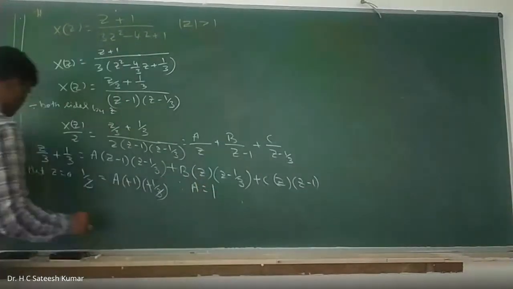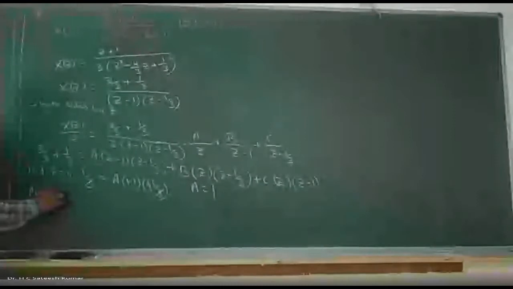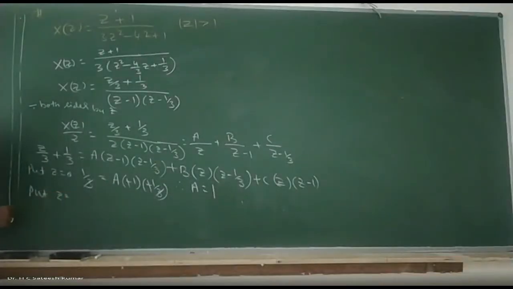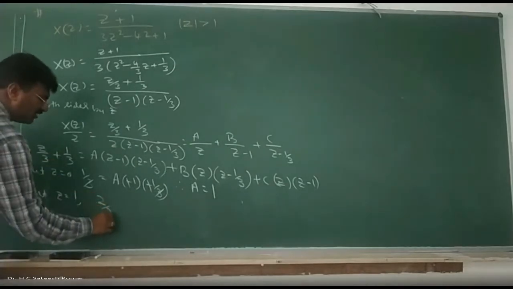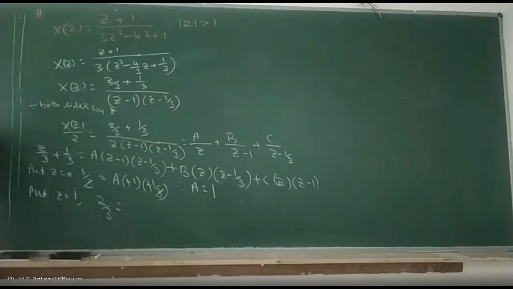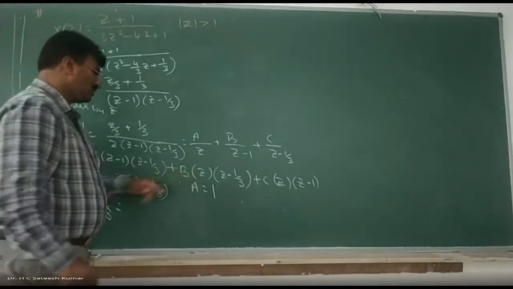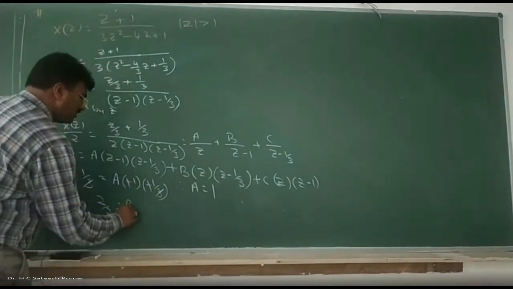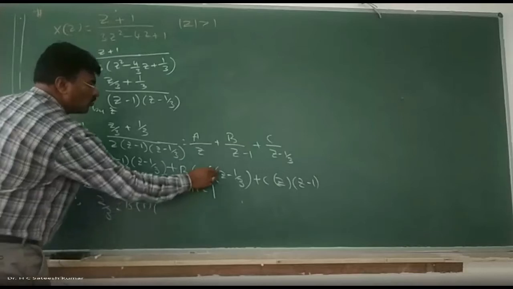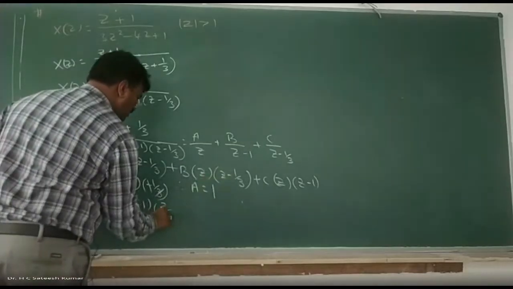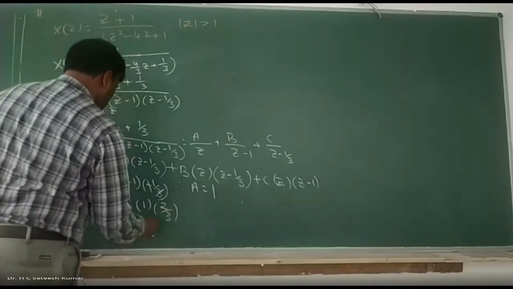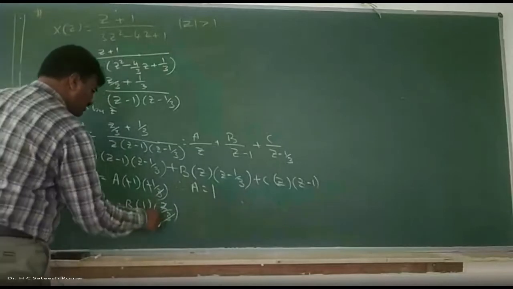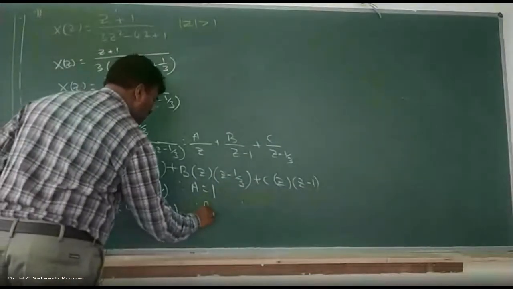Put z is equal to 1. Left side is 1 by 3 plus 1 by 3, which is 2 by 3, and the first and third terms become 0, leaving b into 1 minus 1 by 3, which is 2 by 3. The 3 and 2 get cancelled. Therefore b is also equal to 1.